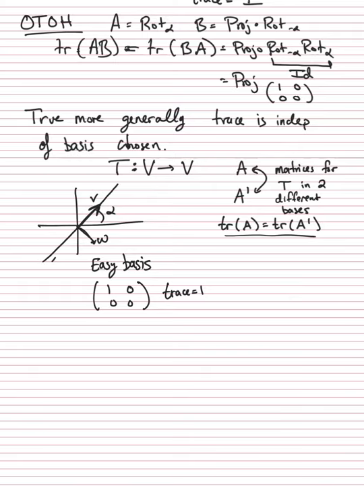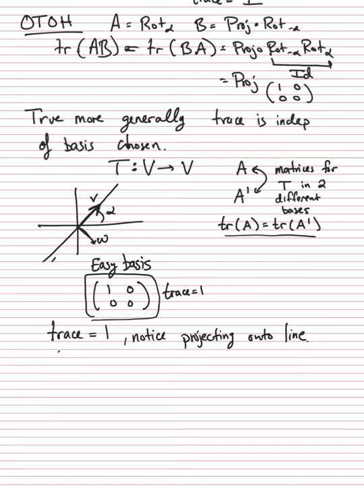Okay? So maybe I'll give one more little note on the trace. The trace is 1 here. And notice we are projecting onto a line. If you do a similar characterization of projecting onto a plane in R3, and you do a similar argument, then you'll see that in general, you can actually define the dimension of a subspace.